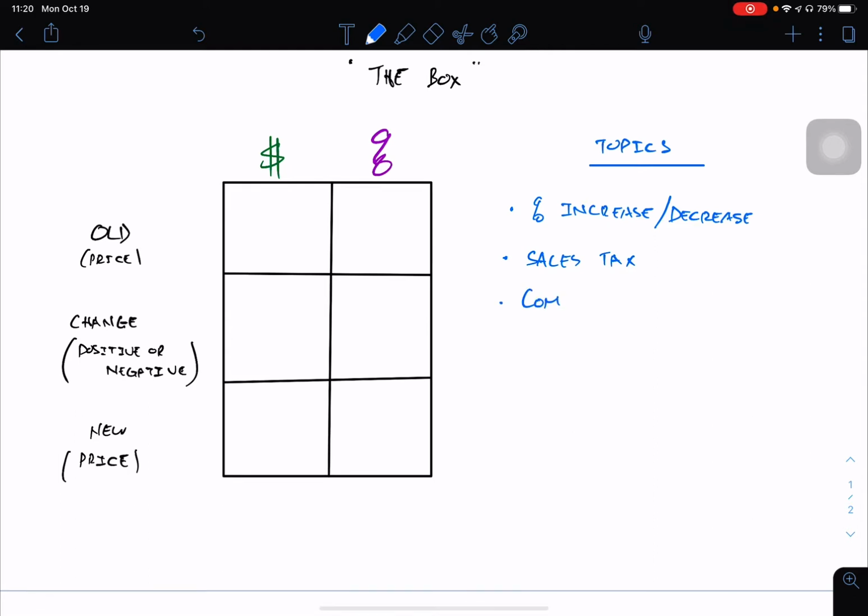Commission, which is technically the same thing as adding tip, just a different scenario. Discount, which we all love when we're shopping. Something involving retail specifically is markup. So you're marking up prices. So I'm going to put in parentheses here, retail. Something called simple interest.